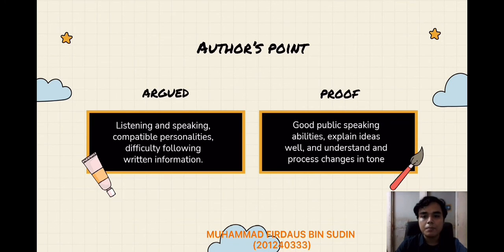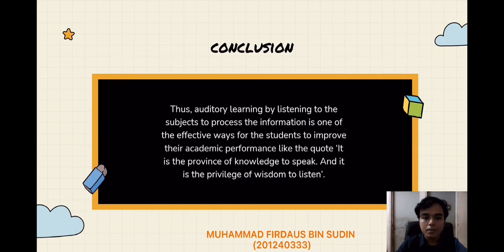They have good public speaking abilities, are able to explain ideas well, and are also able to understand and process changes in tone. Thus, auditory learning by listening to the subjects to process the information is one of the effective ways for students to improve their academic performance. Like the quote, it is the province of knowledge to speak, and it is the privilege of wisdom to listen.